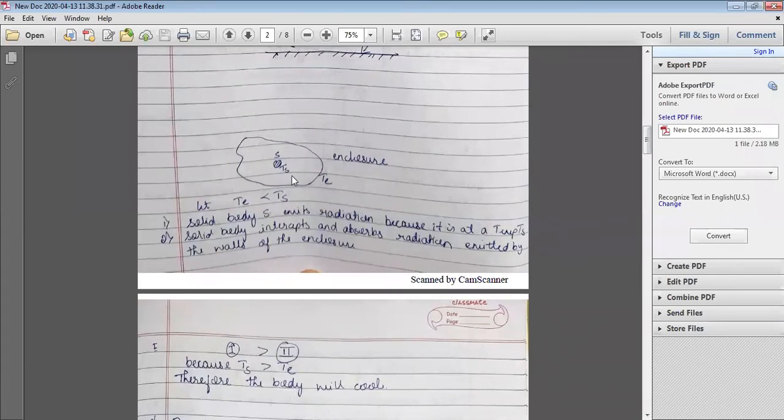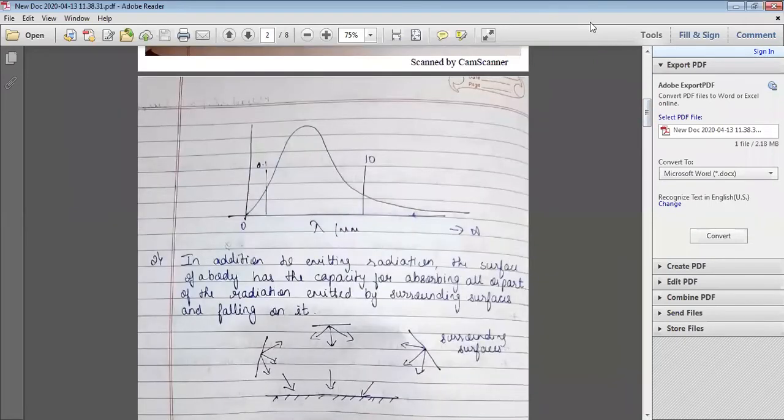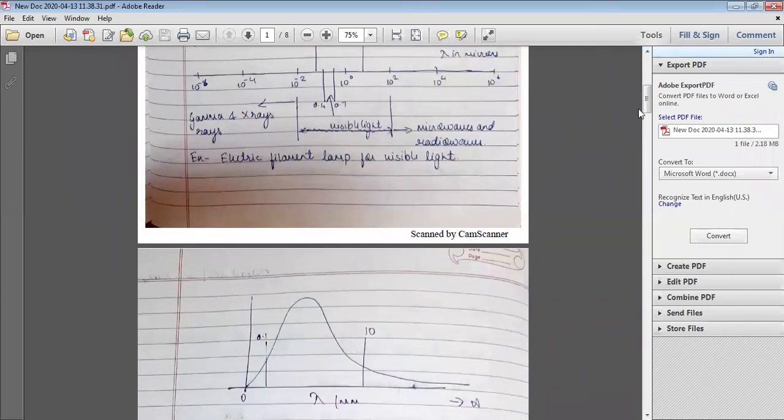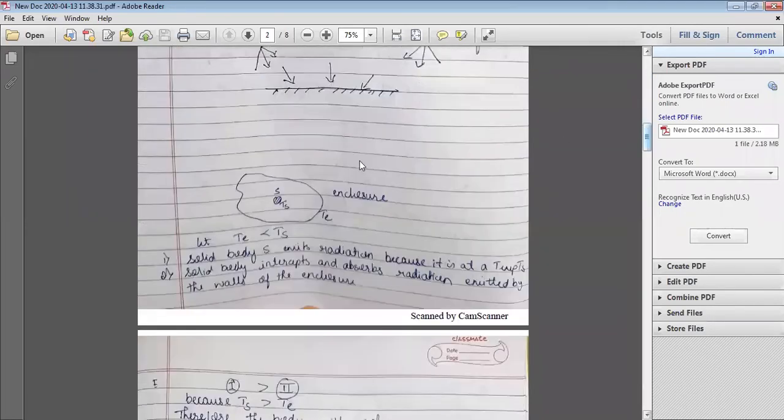And according to my first basic concept, the last point of it is nothing but this one: it does not require any material medium for propagation. That is, in between these two surfaces, I have a material medium.